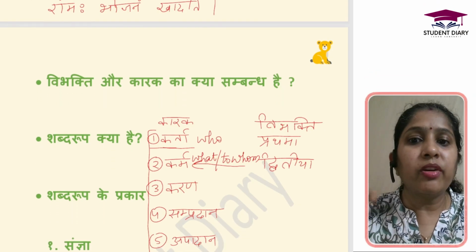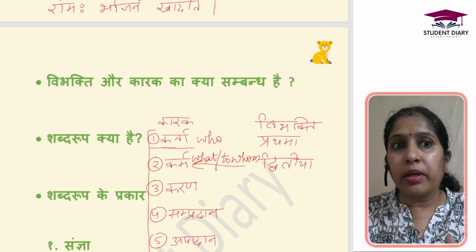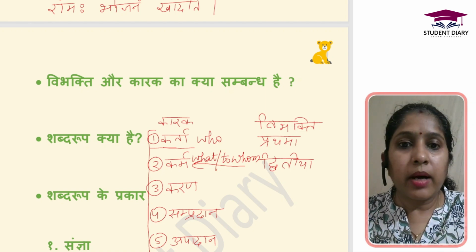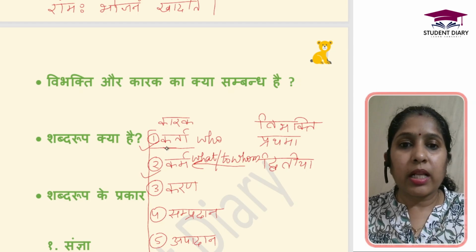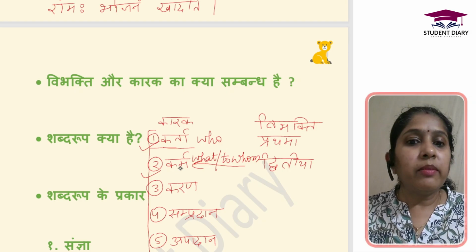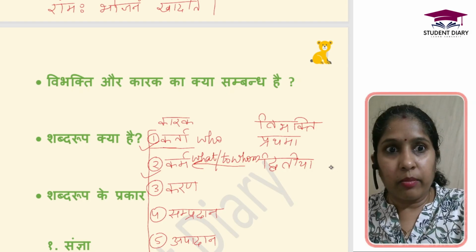One by one we will understand that every karak is related to one vibhakti and what questions they answer. I hope everyone has understood karta and karm karak. For karta karak we use prathama vibhakti because it gives the answer for who. Karm karak gives the answer for what or to whom, so we use dvitiya vibhakti.